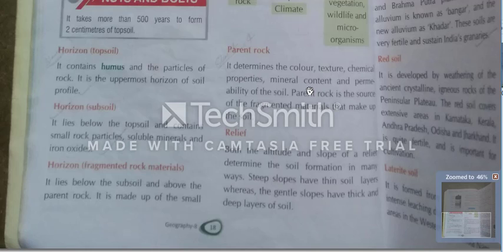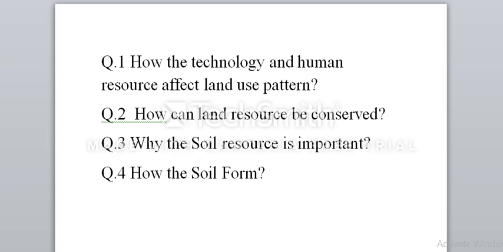Okay, so I'm going to give you some questions. On the screen you can see the questions. First question: how do technology and human resource affect land use pattern? Today I have explained it; these are some tips, some hints. Second: how can land resources be conserved?